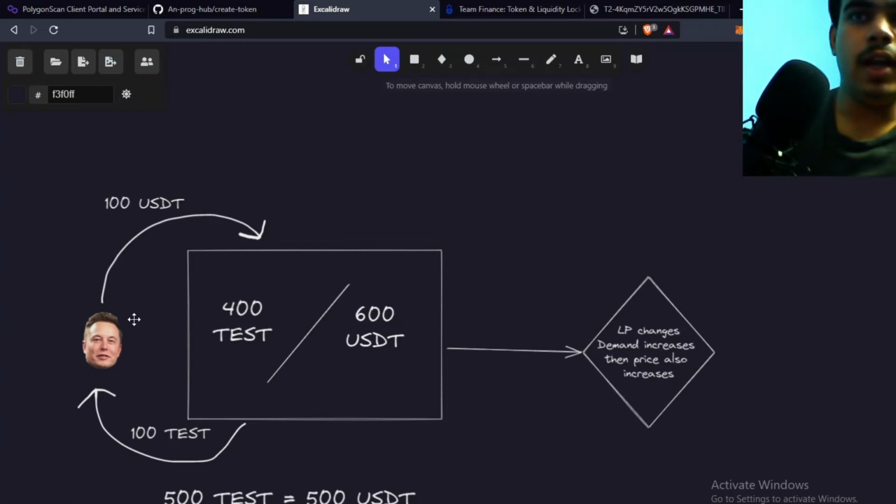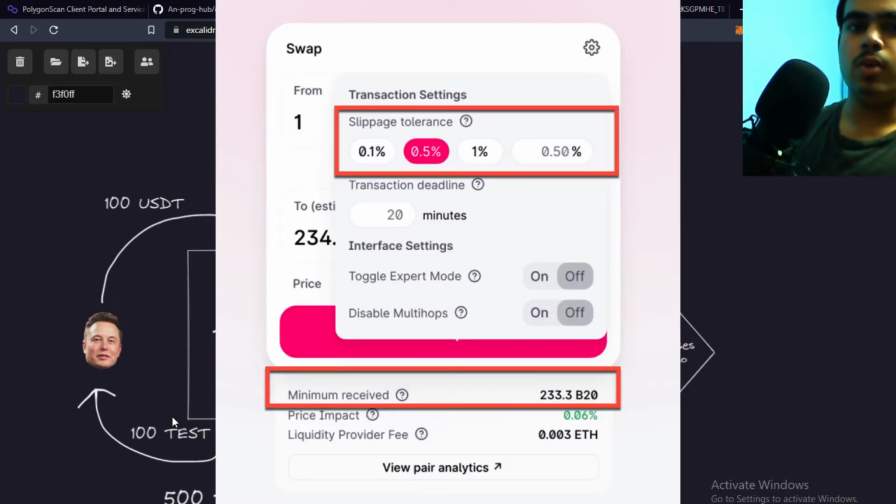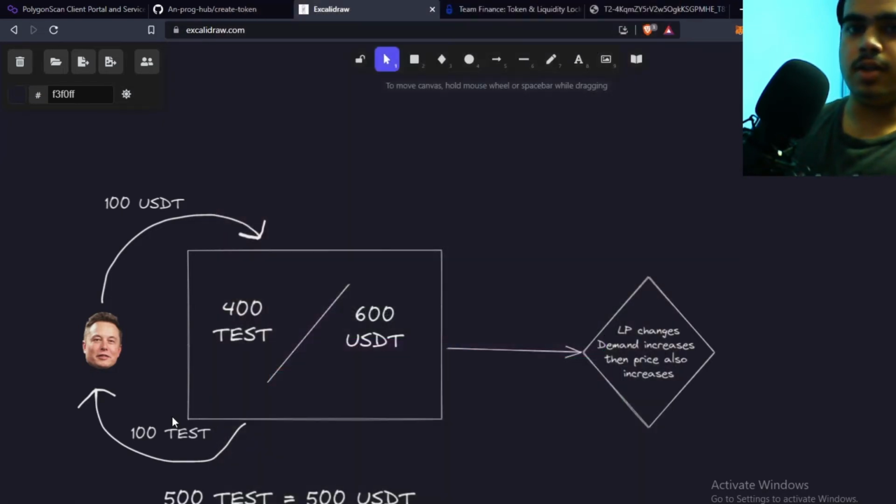When he does the process, he doesn't get the entire amount of tokens, because sometimes the exchange has a lot of slippage fees and exchange fees. So for reference, he may get 94 or maybe 95 tokens, but from the pool every token is removed because he did the process.